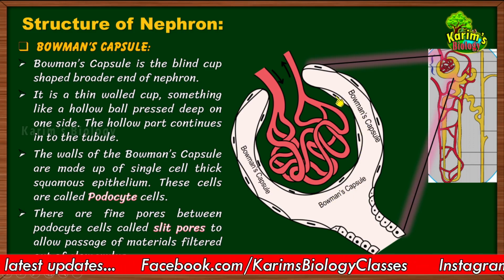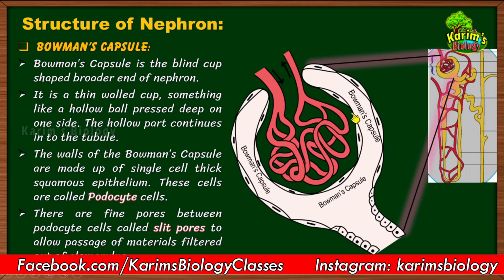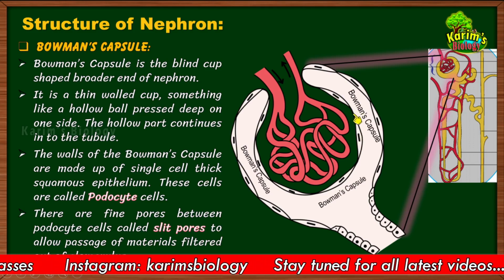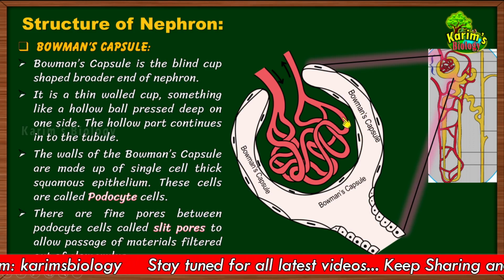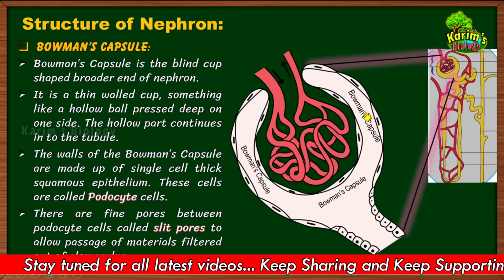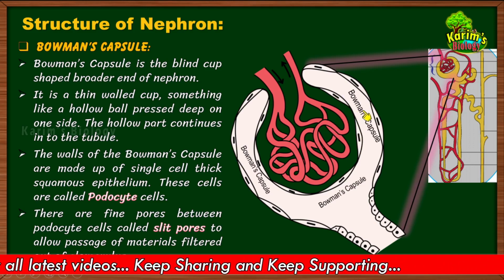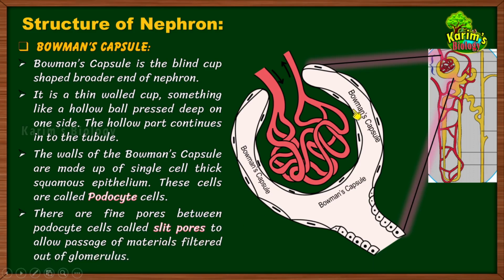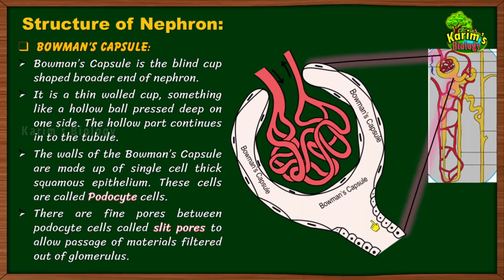At the place of joining of two cells there is a minute gap, so that material from one side can go to the other side within the Bowman's capsule. Understood? These minute openings are called slit pores, and they allow the passage of substances from the glomerulus into this tubular part. Right? So that's about the Bowman's capsule.